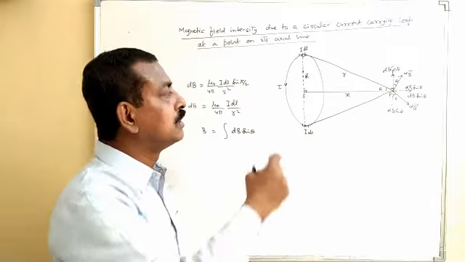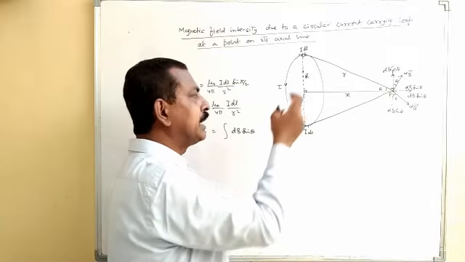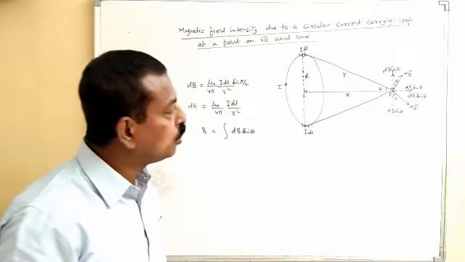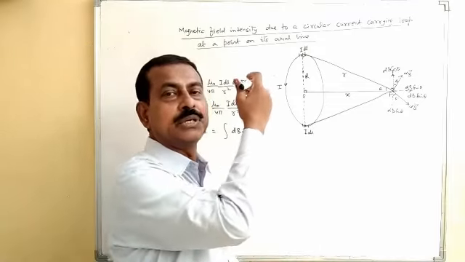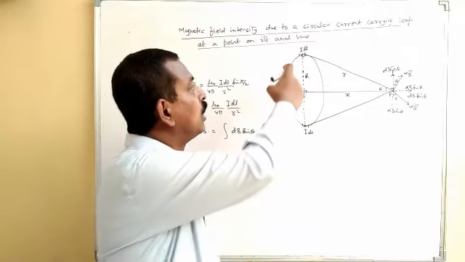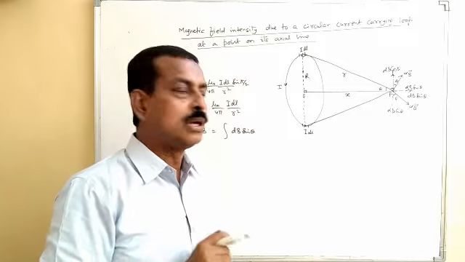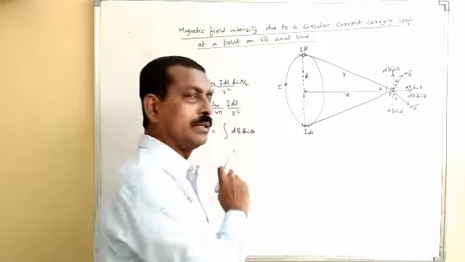So we take dB sin theta only and integrate it for the entire loop, and once you integrate it for the entire loop, it will take care of all the current elements on the wire at different points. So it is only the integral of dB sin theta.